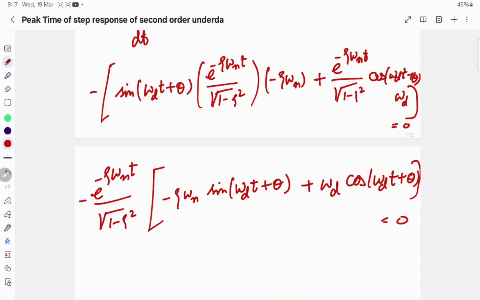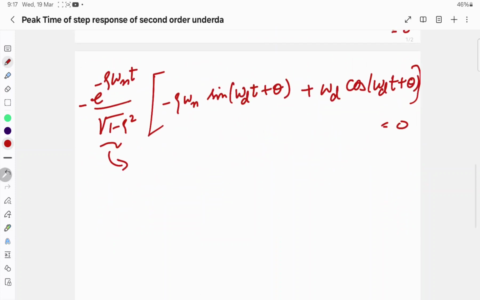Now this term going to the right hand side vanishes. We have already seen this is theta, this is zeta, this is square root of 1 minus zeta square, this is the hypotenuse.